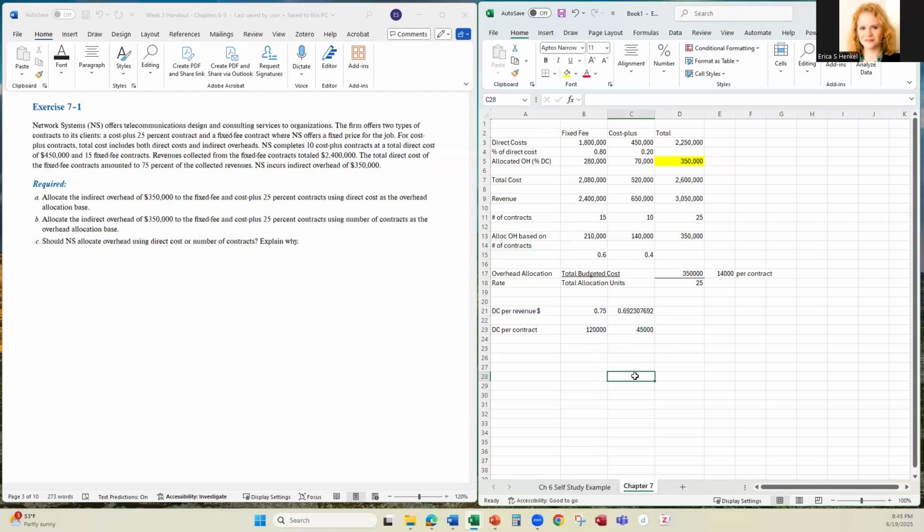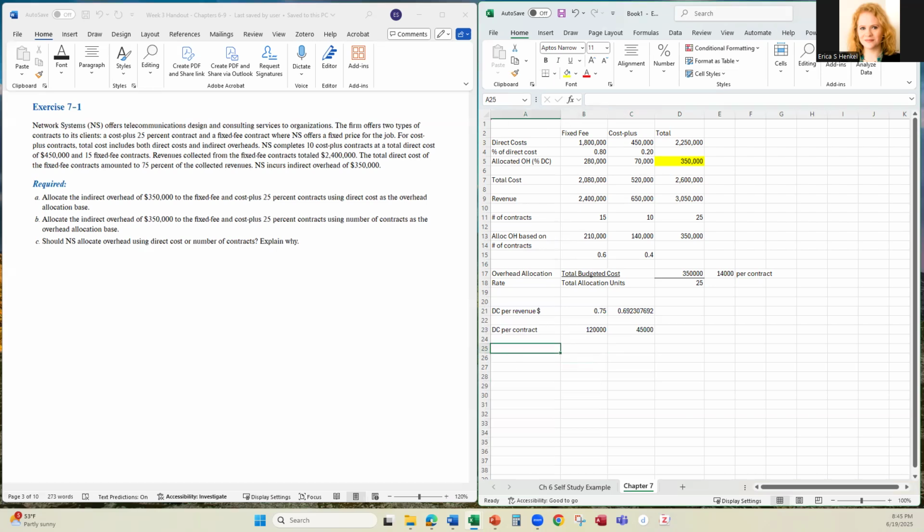So to me, it looks like dollars in terms of percentage wise here. The direct costs as a percentage of revenue seem much closer to me than the direct costs per contract. So that could actually be an argument that the dollars of revenue more accurately predicts potentially what the overall costs are for the project.